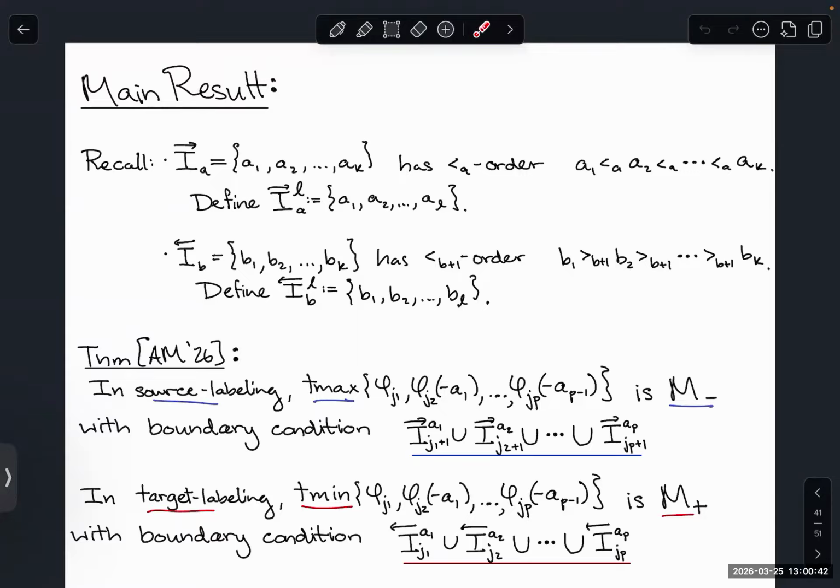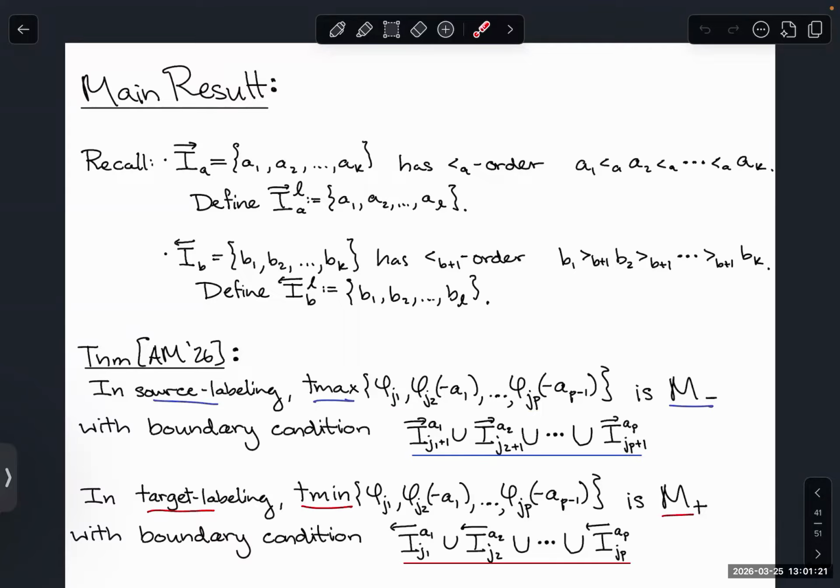Then the main theorem is as follows. In source labeling, we want to combine source labeling and Tmaxes. When we have this source essential set with these relative translations, we get the minimal matching, and it has the boundary condition given by these truncated Grassmann necklace terms, where we have just one little shift. So J1 corresponds to the J1 plus 1 Grassmann necklace, J2 to the J2 plus 1 Grassmann necklace, and JP to the JP plus 1 Grassmann necklace term.